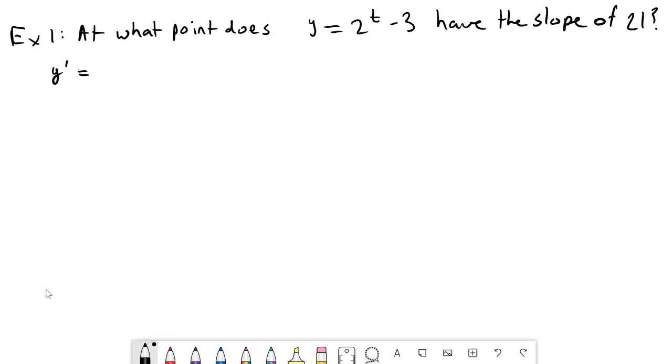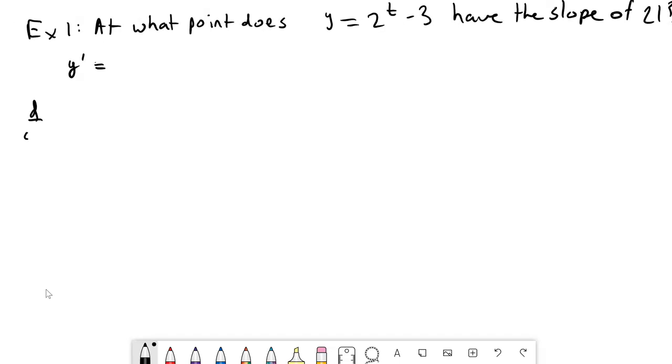Well, from my formula, the derivative with respect to x of a to the x is equal to a to the x times the natural log of a. So in this case, it's the same thing times the natural log of the base, 2. And then the derivative of -3 is just 0, so we're left with this.